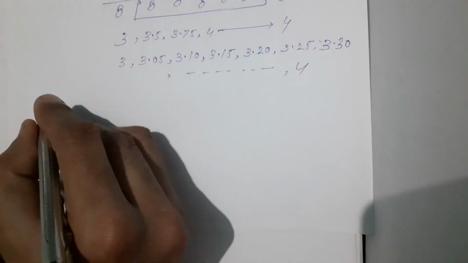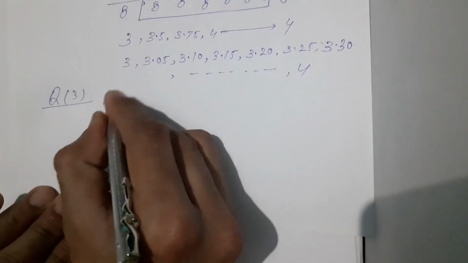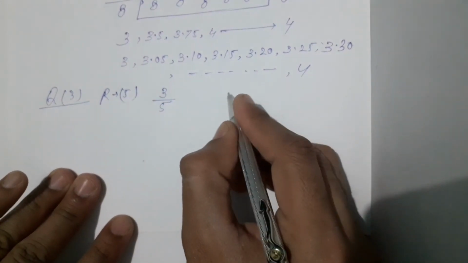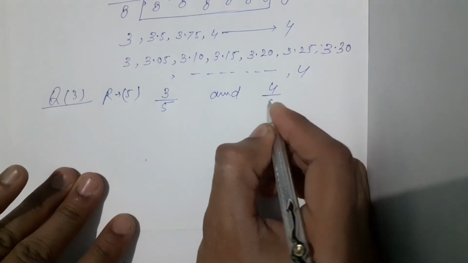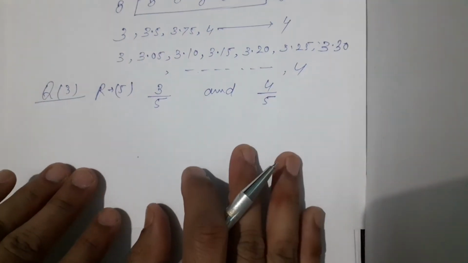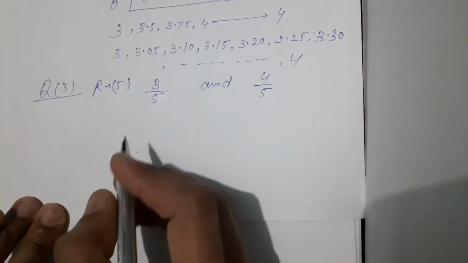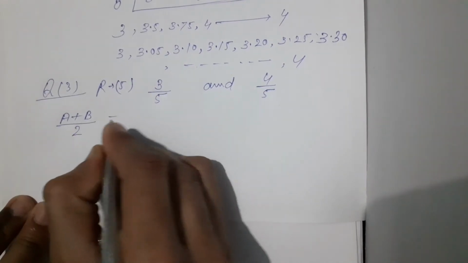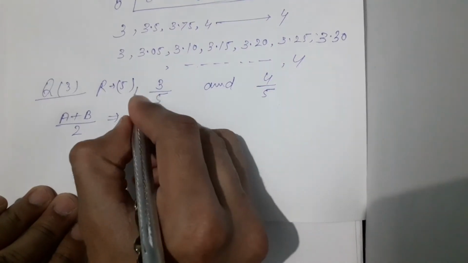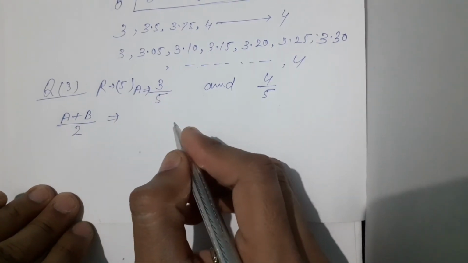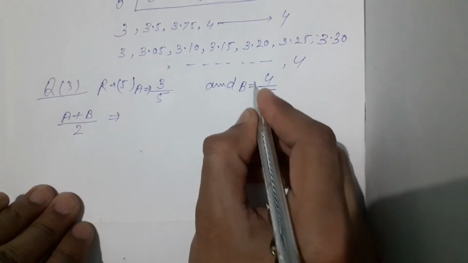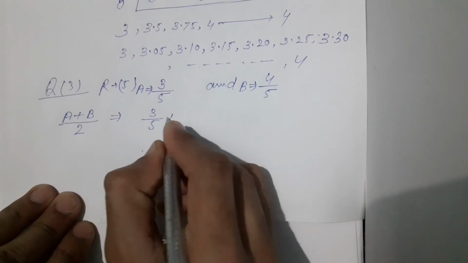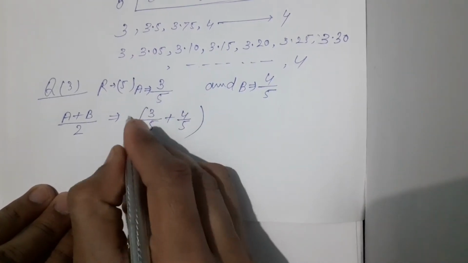Find 5 rational numbers between 3 upon 5 and 4 upon 5. Simply apply the first method, a plus b upon 2. Here 3 upon 5 is a and 4 upon 5 is b. Now add these two numbers and divide by 2.